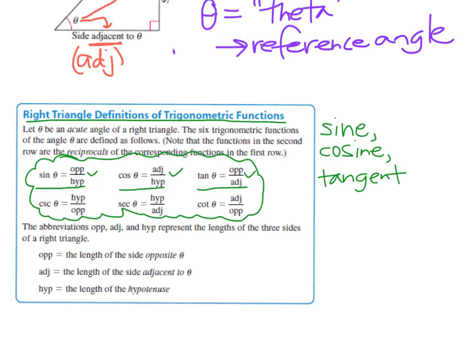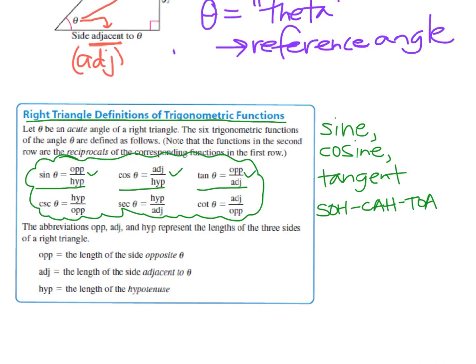You may remember this little mnemonic device called SOHCAHTOA. It is just a phrase to help you remember those definitions without having to write them out every time. Here's how it works.